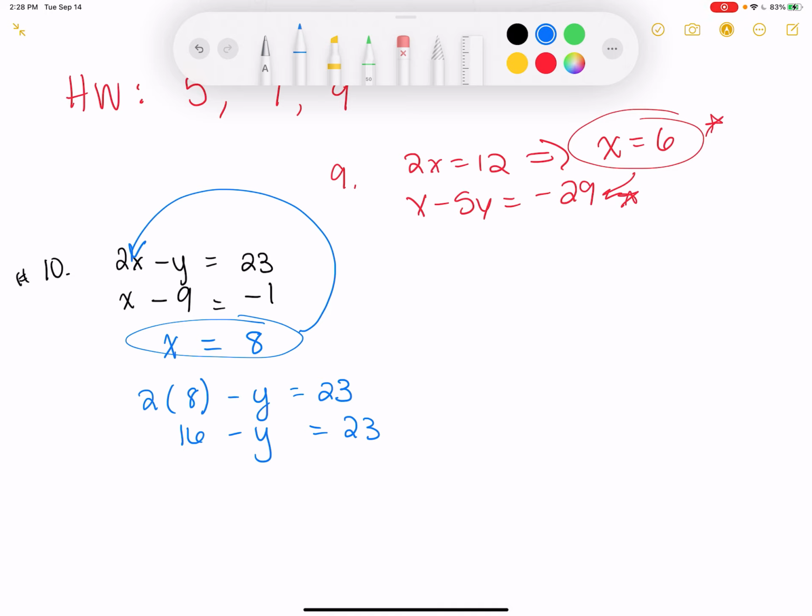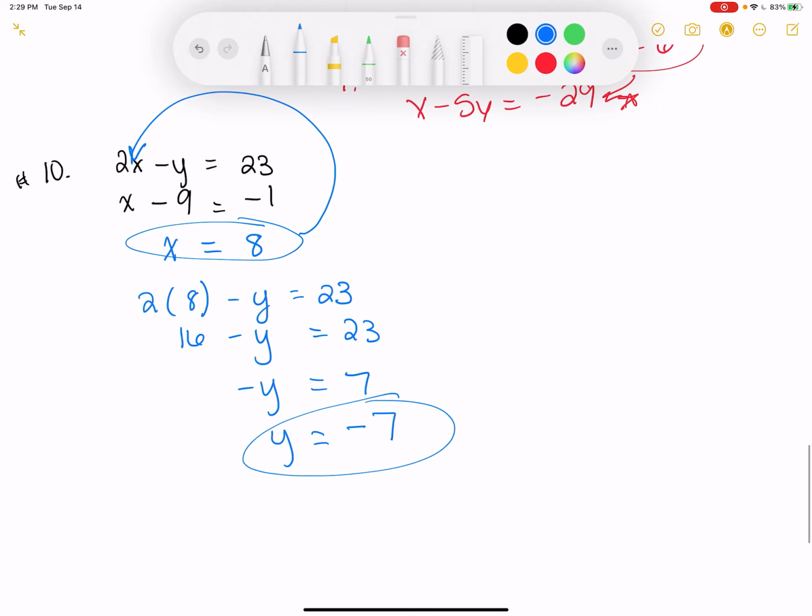Now I'm going to subtract the 16 over. So -y is equal to 23 minus 16, which is 7. And then y is not completely by itself yet. I need to divide by the -1. Okay, so y is equal to -7. 7 divided by -1 is just -7.